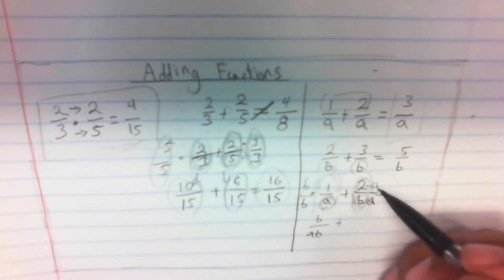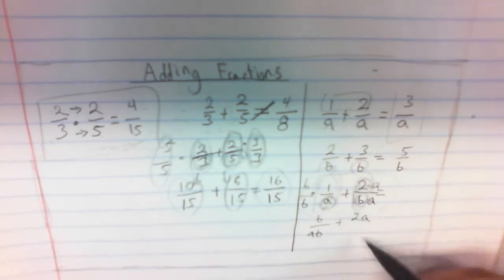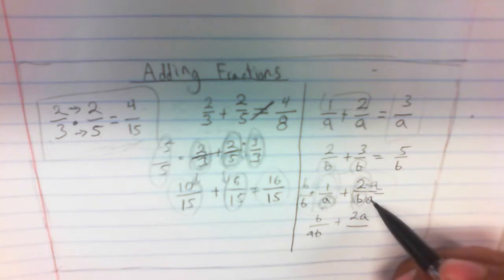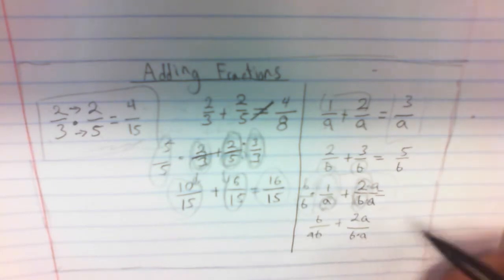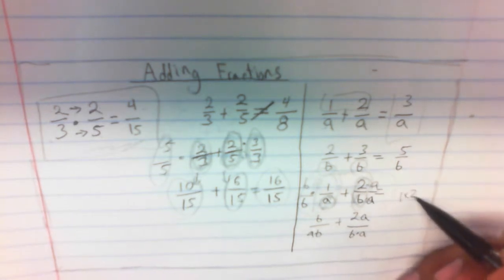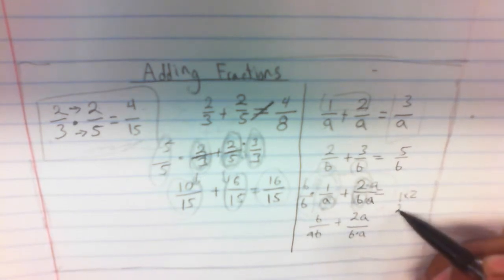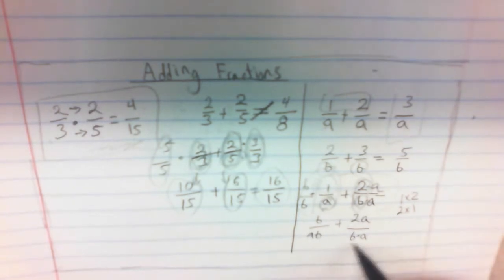So 2 times a, well, that's 2a, and b times a, right? Well, b times a is the same thing as saying a times b, right? So a quick side note, that's like saying 1 times 2. Well, that's the same thing as 2 times 1. So you can actually swap this.